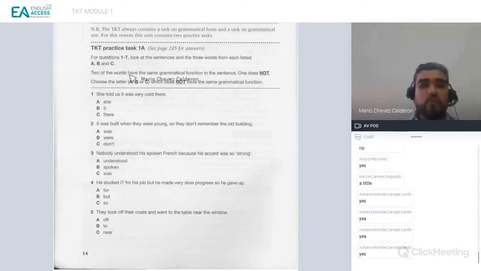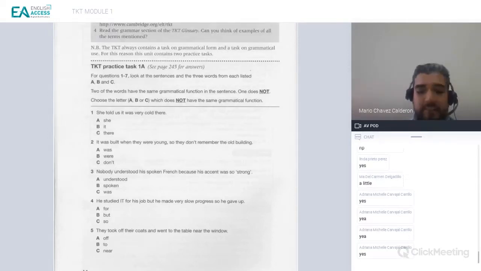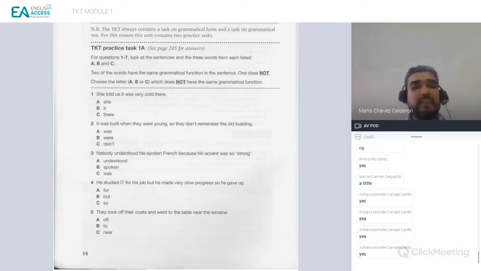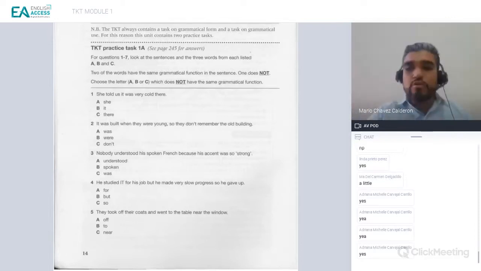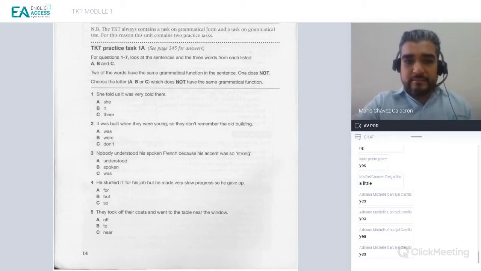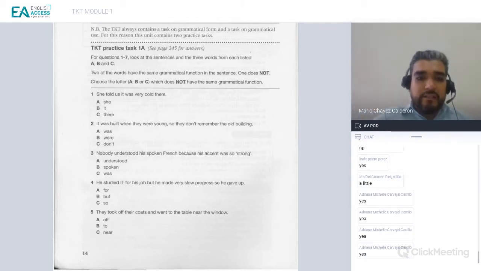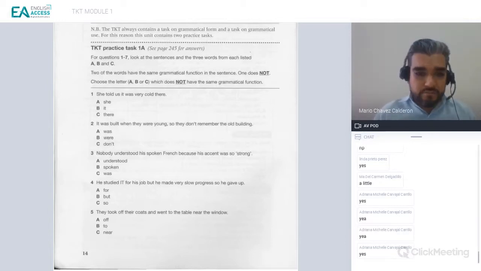It says, for questions 1 to 7, look at the sentence and the 3 words from each listed, A, B, C. 2 of the words have the same grammatical function in the sentence. 1 does not. So 2 have the same grammar function. 1 doesn't. We need to find the one which does not have the same grammar function.